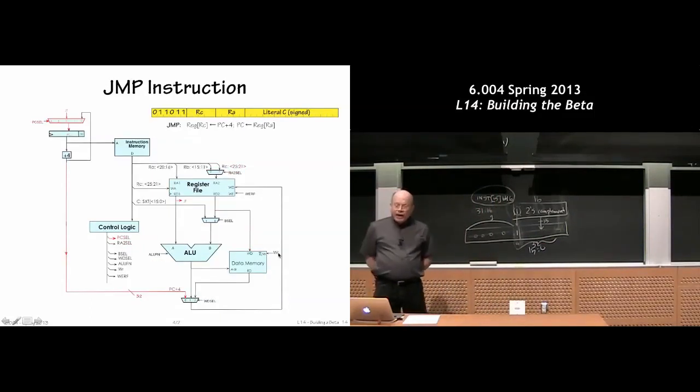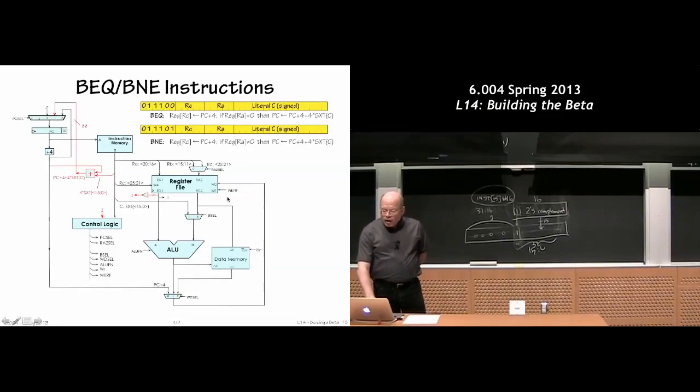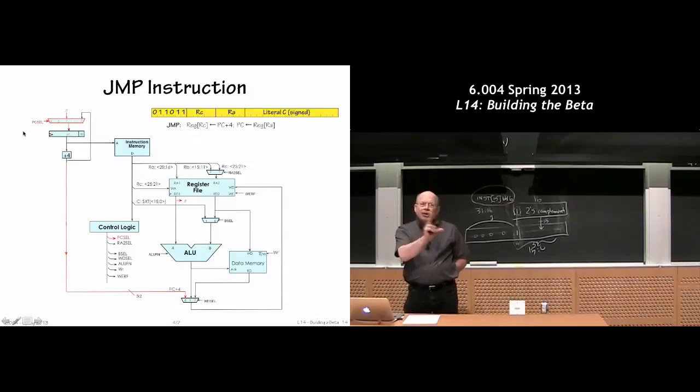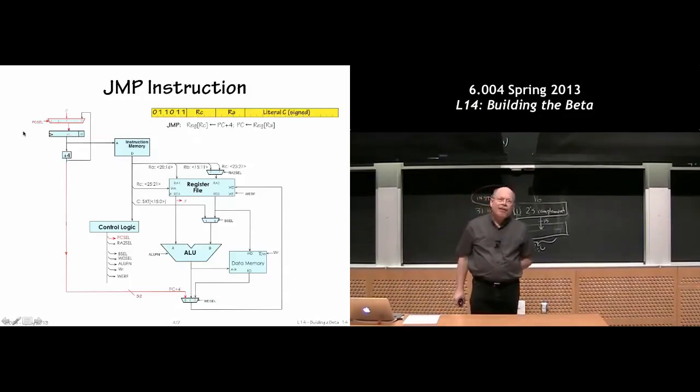So now we do the jumps and branches. I hope what you can see here is that we're now going to be fooling around with the PC logic because they affect the program counter. So I'm going to talk about 2 separate things. One is changing the program counter, which up to now has just been incrementing by 4.